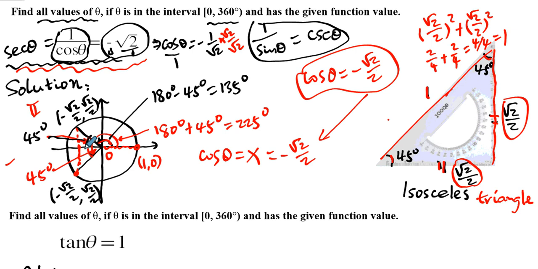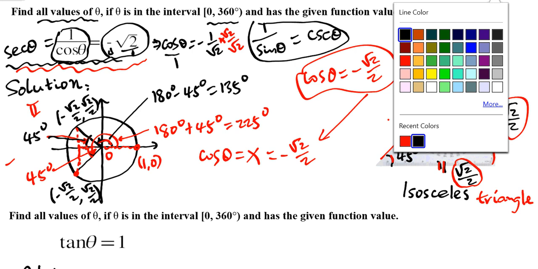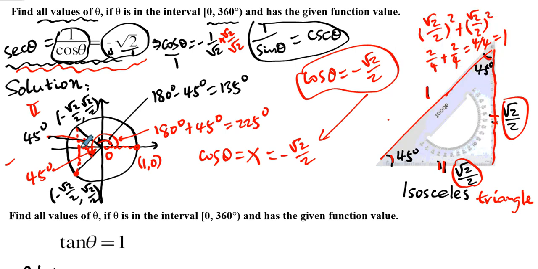Again, the x coordinate here, that we marked in black, is negative radical 2 over 2, and here the x coordinate is also negative radical 2 over 2.